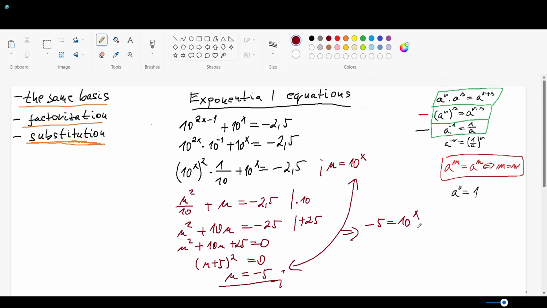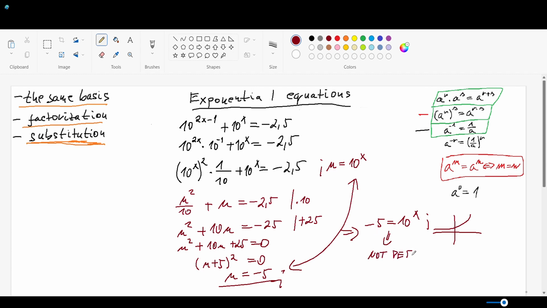For the same reason as you saw before, the graph of our exponential function 10 to the power of x looks like this. We already know that there can be only positive values for the y variable, and it means that this equation doesn't have any solution because this statement is not true or not defined.